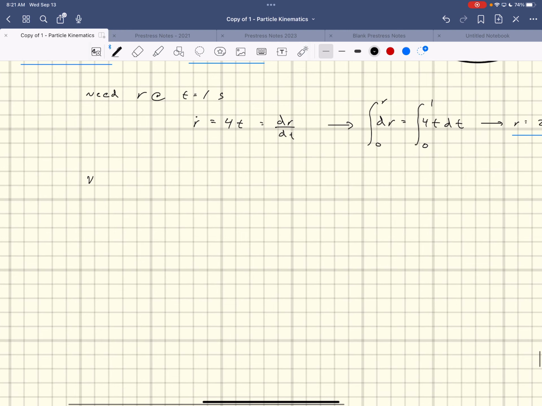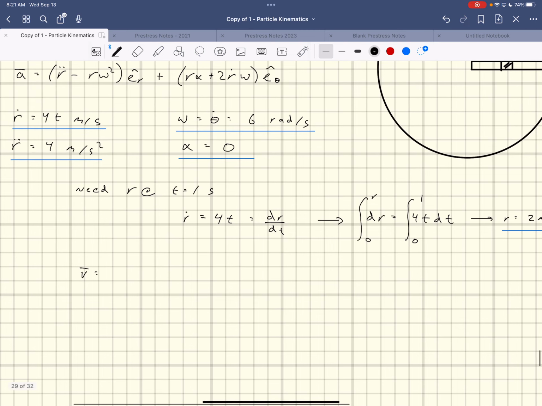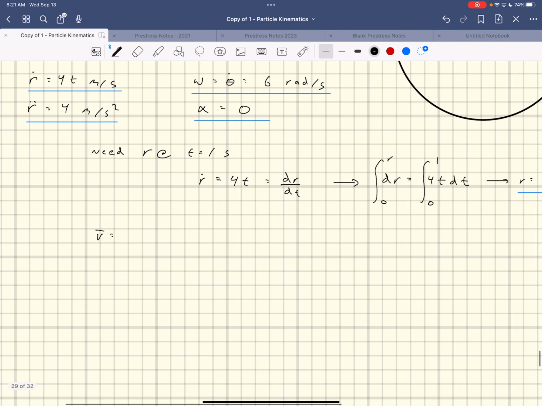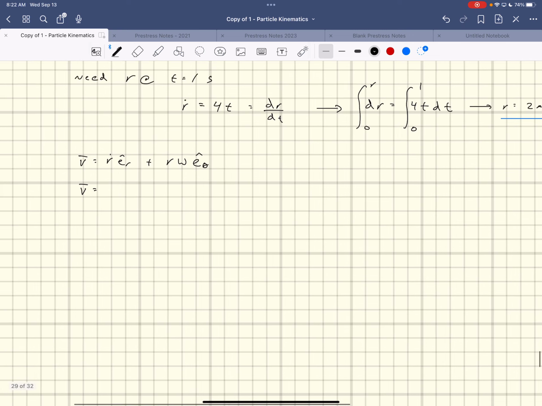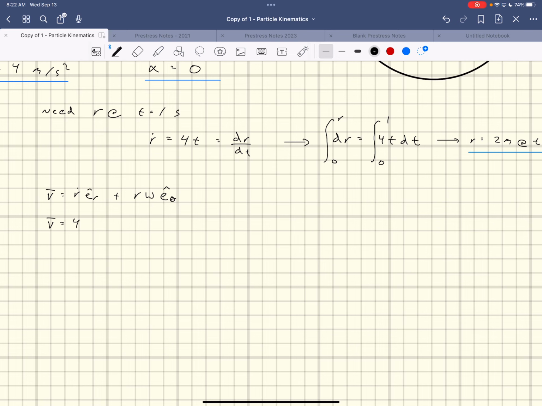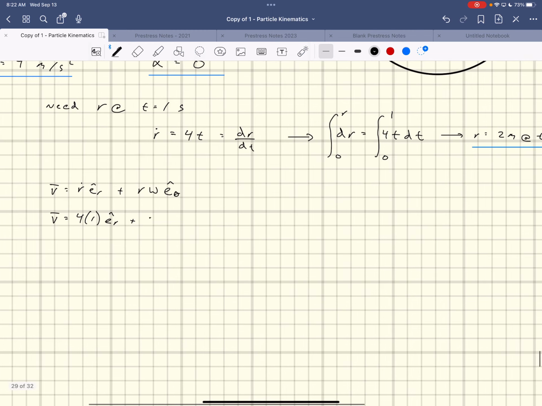My velocity is equal to, I'll write it all down again, r dot in the e_r direction plus r omega in the e_theta direction. And then we just substitute terms in there. The velocity is equal to r dot, so r dot is 4 times t, but we're doing this at 1 second, so it's 4 times 1 in the e_r direction, plus the radius we just found is going to be 2, and then our omega that they gave us is 6.